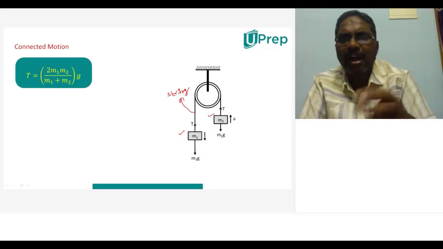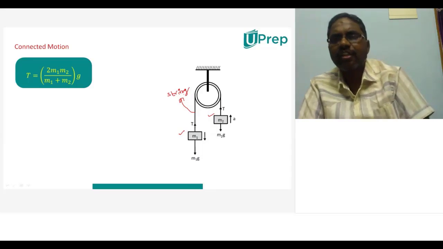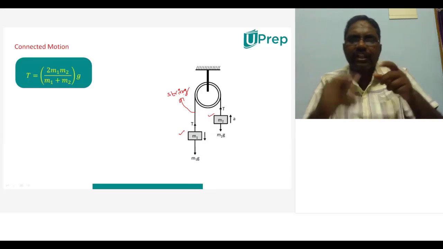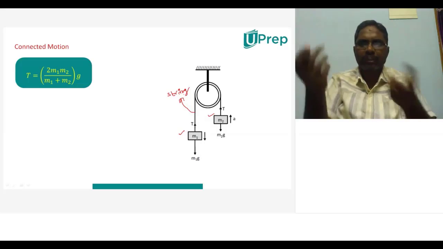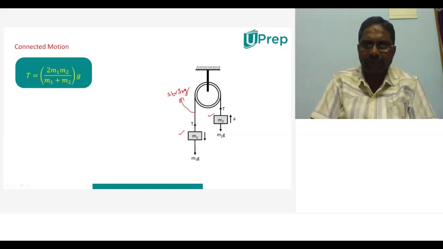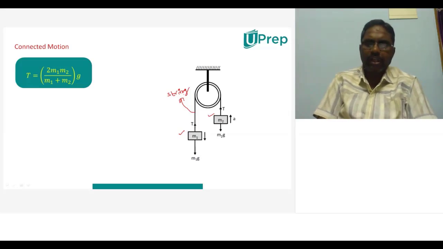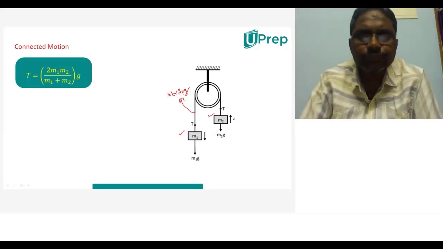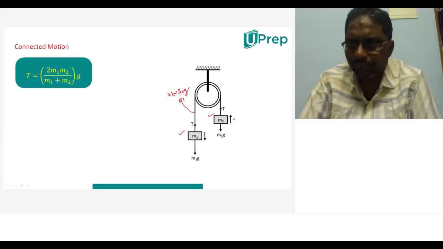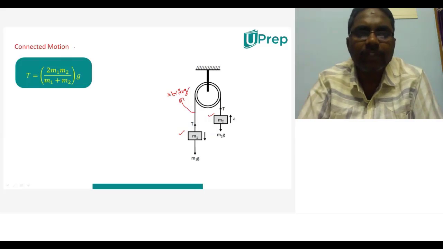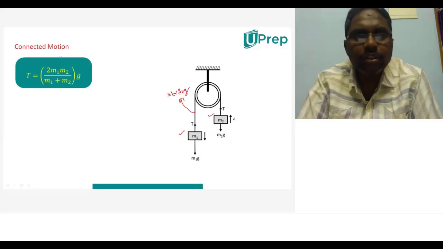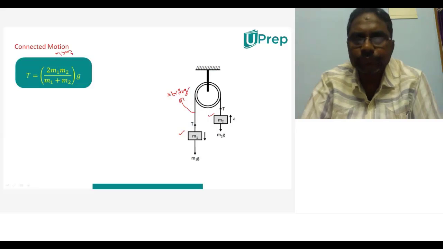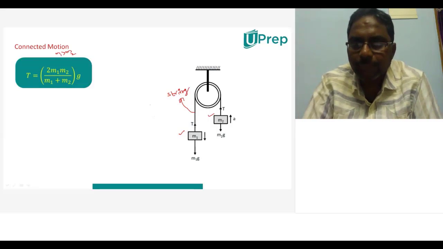So it is a massless, frictionless string, and that string is holding the two objects by using one pulley. Maybe in the diagram one pulley is also there. Let us consider, in the system we are learning, that m1 is greater than m2. That means the mass of the first object is greater than the mass of the second object.